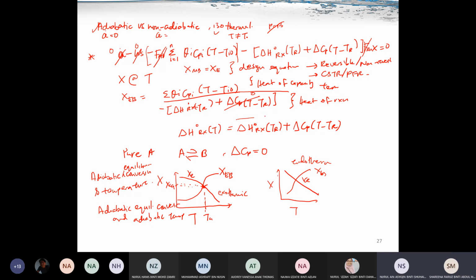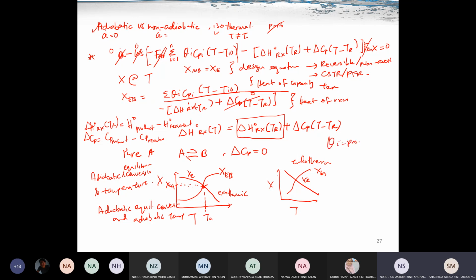For example, we have T R here. Delta H Rx at T R equals H of product minus H of reactant. And delta Cp is equal to Cp of product minus Cp of reactant. Then the theta i Cp i you also have to expand.